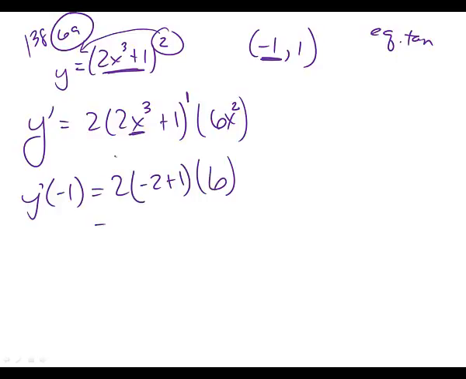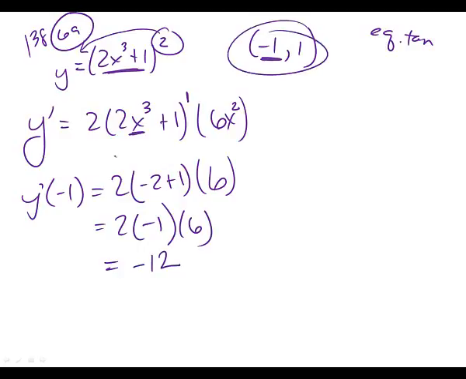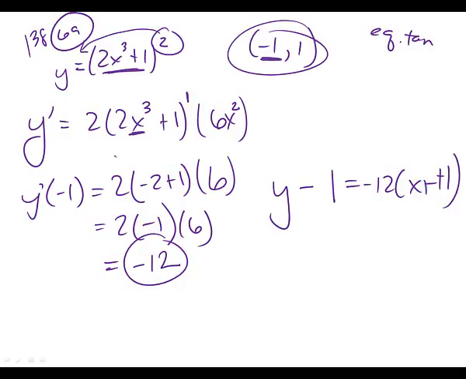Negative 2 plus 1 is? Negative 1. So my slope ends up being? Negative 12. Okay, and then equation of tangent line, this point, this slope. So y minus my y value 1 equals negative 12 times (x minus negative 1), or plus 1.